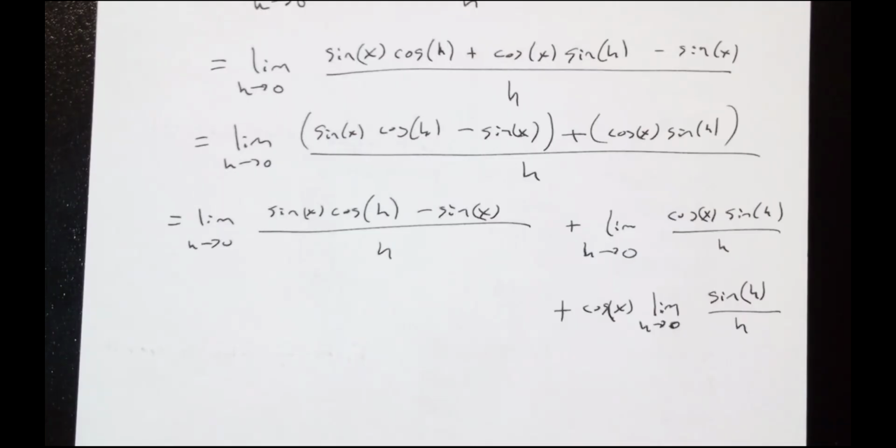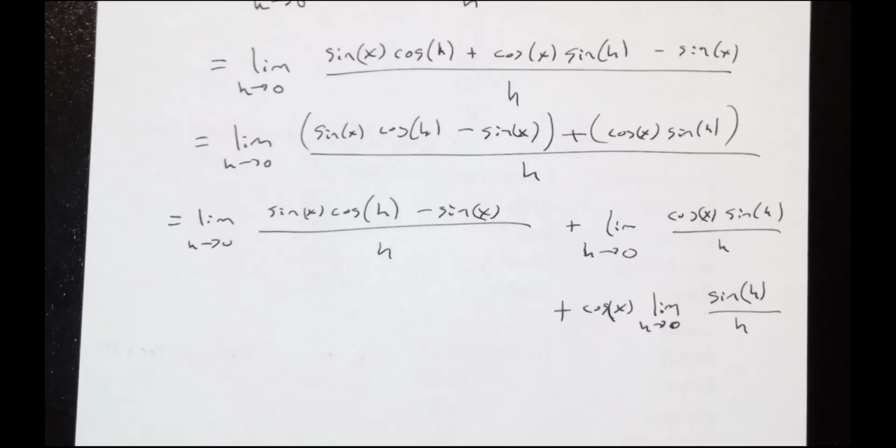I can also do something similar with the piece on the left. What can I do there? Exactly. There's a sine of x in both of those pieces. So if I factor out the sine x, I pull it out front, I get sine x times some other limits.